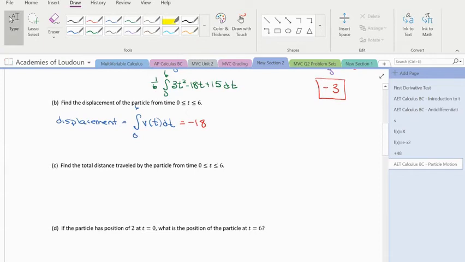So to find the total distance, this is going to be the integral from 0 to 6 of the absolute value of v of t dt.